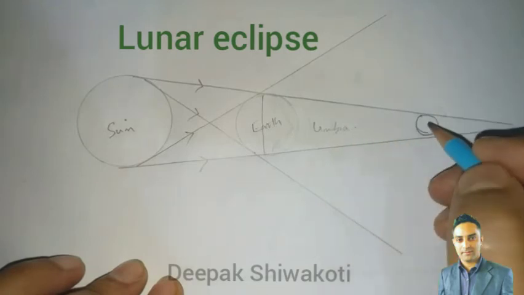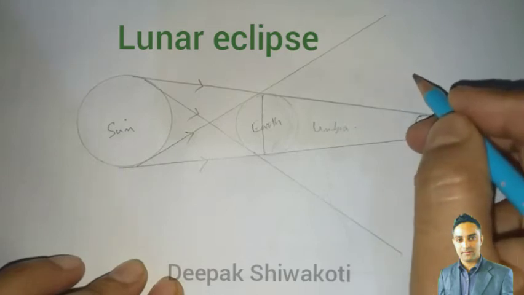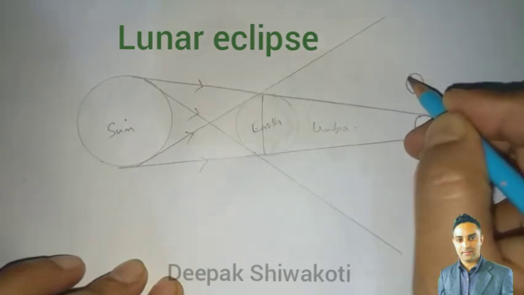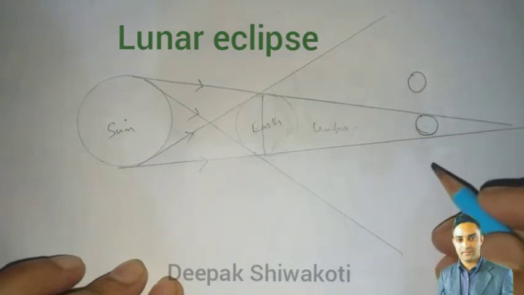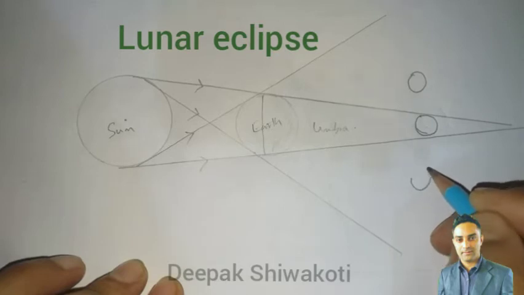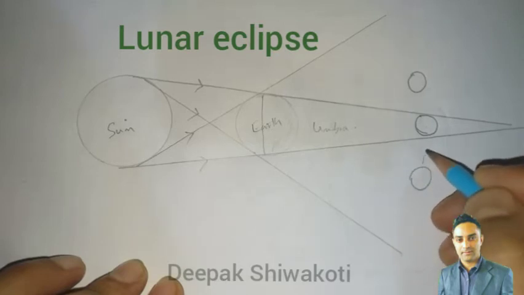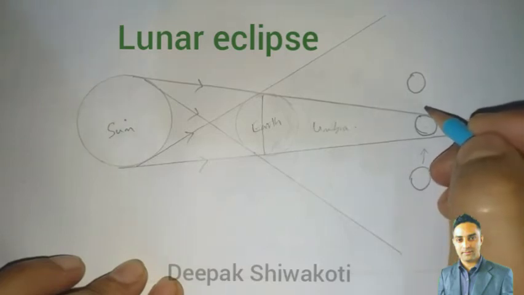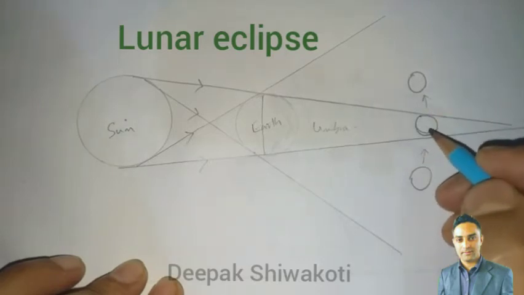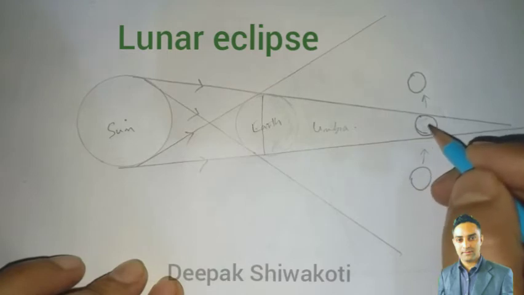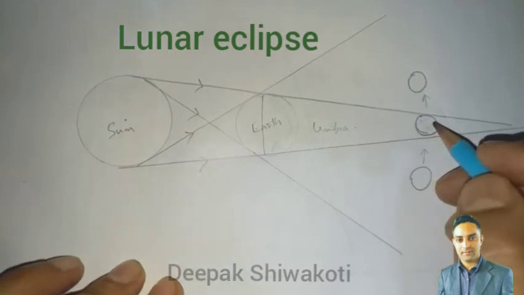When the moon moves towards this side, it will go to the penumbra region. The moon is revolving, moving from one position to another position. When the moon is in the umbra region, that time we call lunar eclipse.